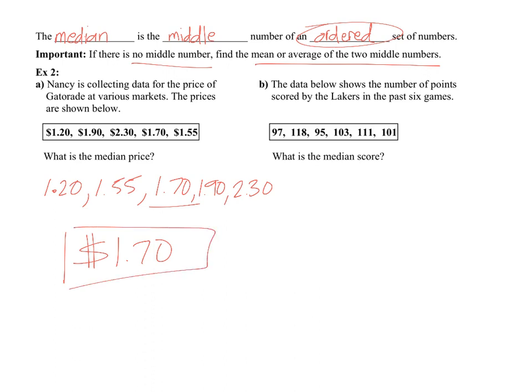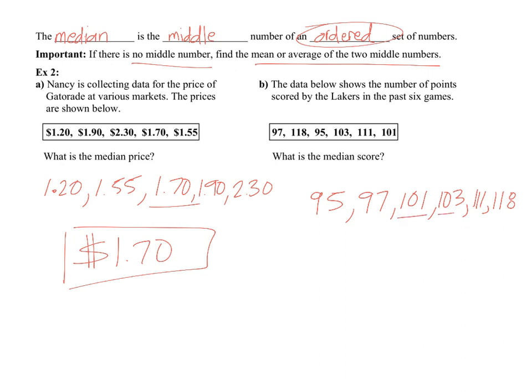For part B, the data below shows the number of points scored by Lakers in the past 6 games. Let's order the numbers: 95, 97, 101, 103, 111, and 118.